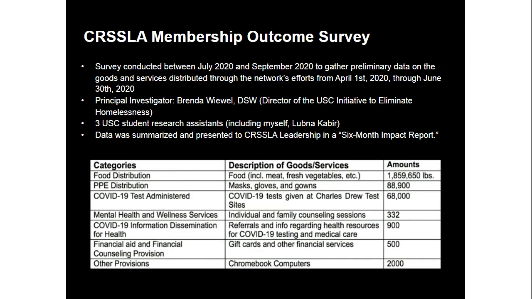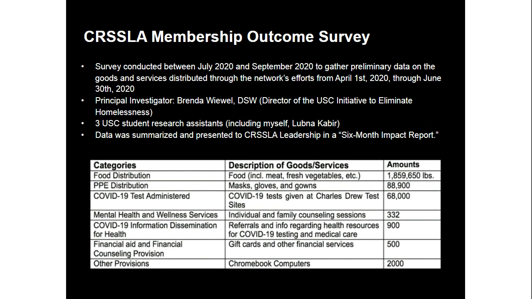So for the outcome survey that I helped to conduct between July and September of last year, I helped to gather preliminary data on all of the goods and the services that were distributed through the efforts of the various organizations from April 1st to June 30th as part of their initial impact of this whole network.